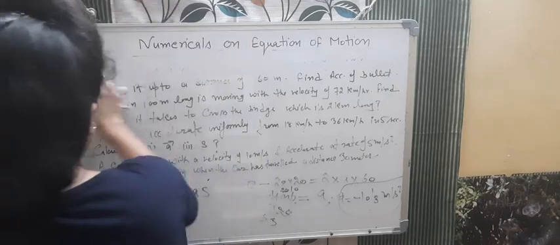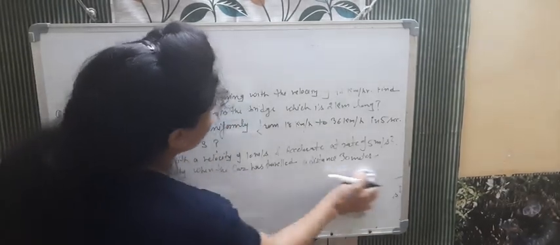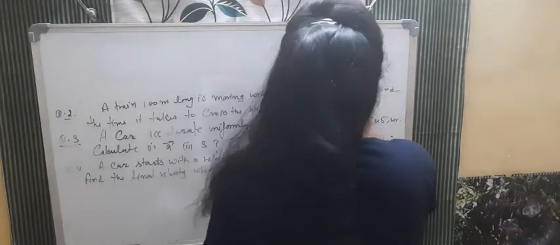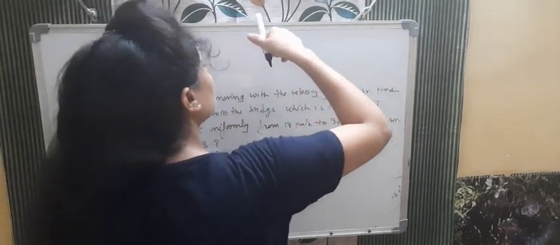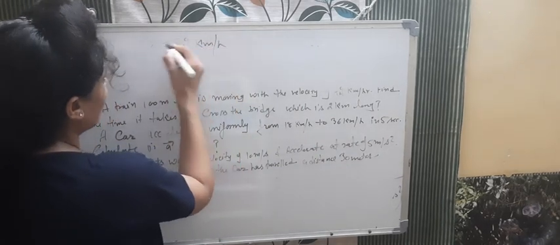It was very easy. Now come to the second one. The second question says a train that is 100 meter long is moving with a velocity of 72 kilometer per hour.